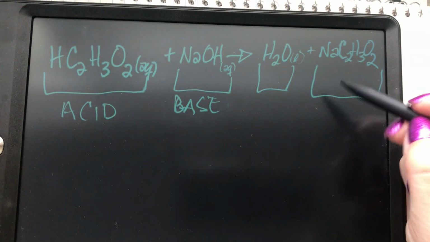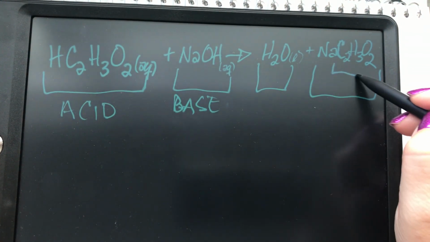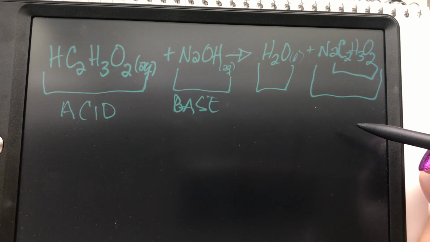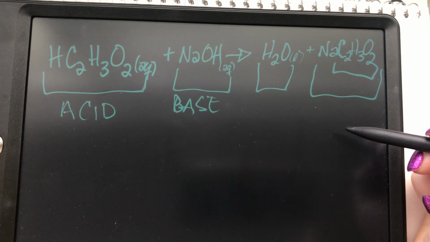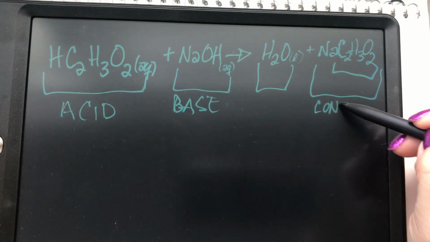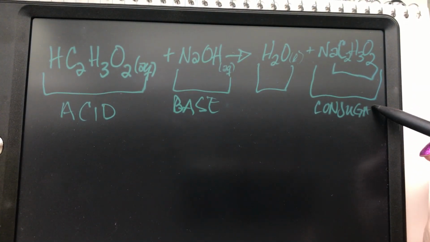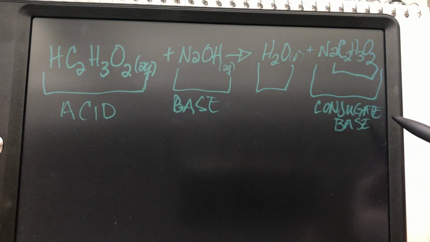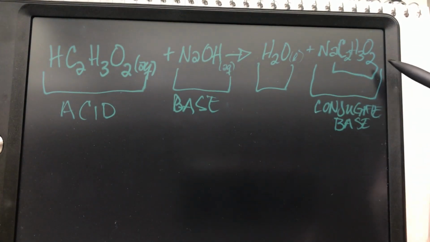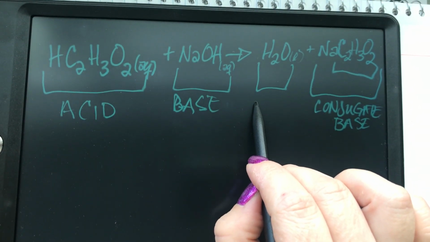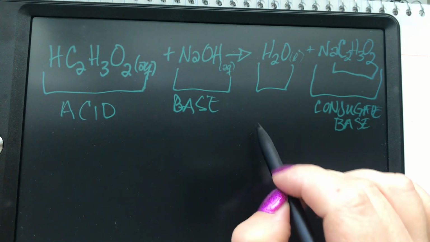The most important component here is acetate, and we'll talk about why when we do the TI and NI for this reaction. The acetate is going to be your conjugate base, right? And if you know that this guy is the conjugate base, then what must this guy be? The conjugate acid.